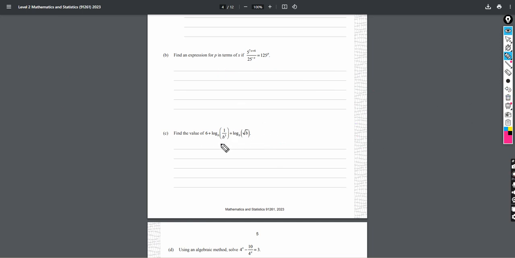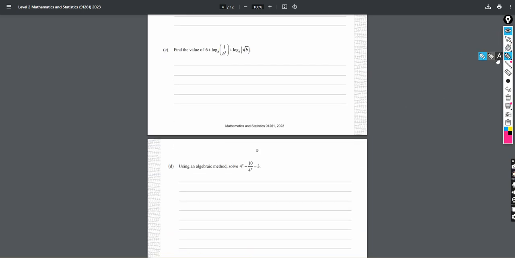Find the value of 6 plus log... What? Oh, right, okay. I was like, well, how are you supposed to do this? I'm going to just rewrite this so you can see what's going on. 6 plus log base b of b to the minus a third plus log base b of b to the half.